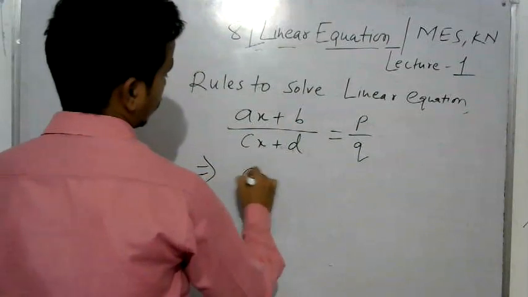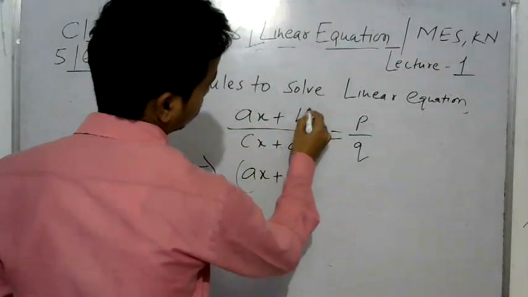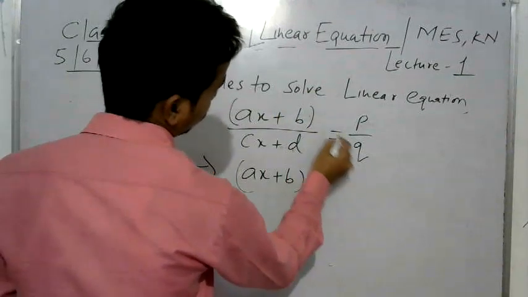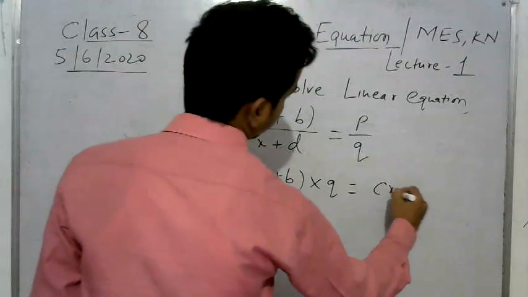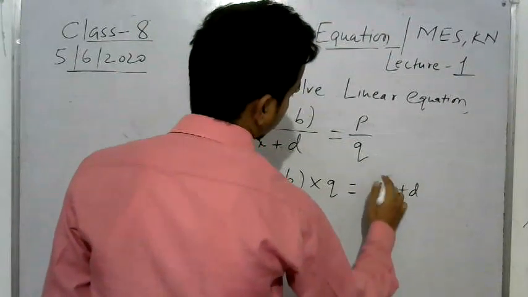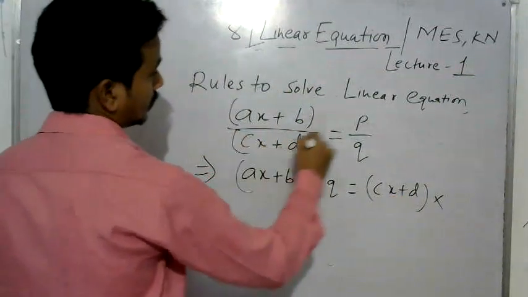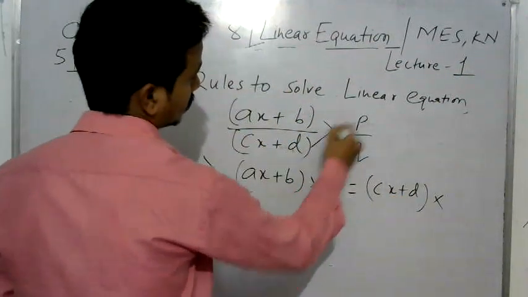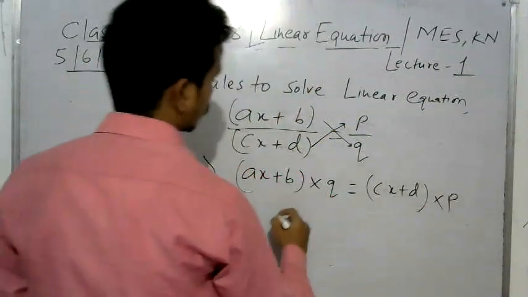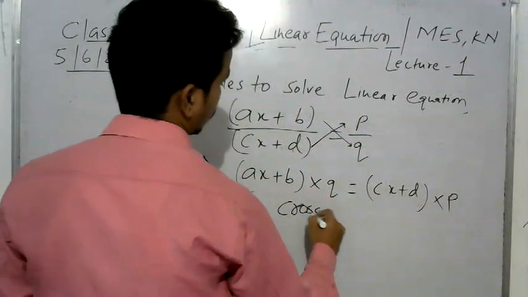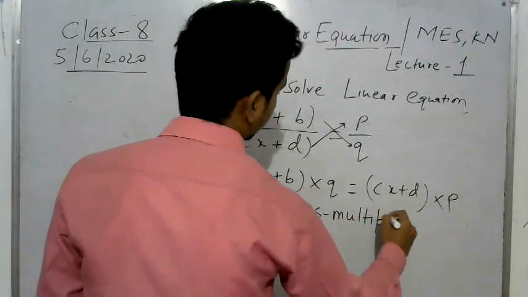This implies ax plus b, you can multiply this ax plus b with q, equals cx plus d into p. You can multiply this with this and this into p. This process is known as cross multiplication.